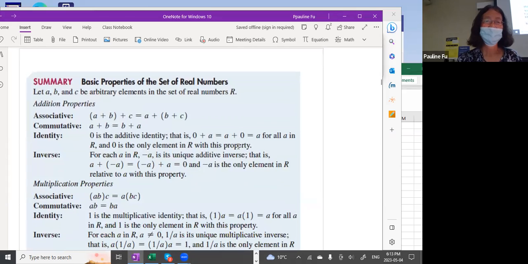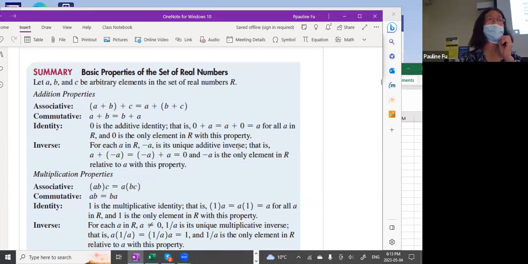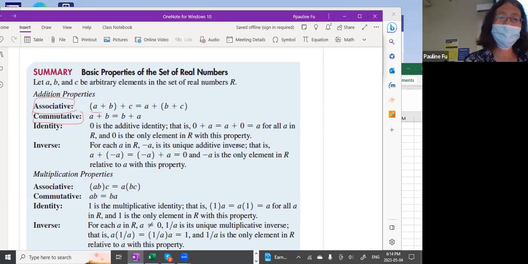Okay. And also this terminology will be used on your tutorial. My lab work asks you what is the rule used: is it the associative rule or the commutative rule? Remember we did some questions last class. The associative rule for addition refers to A plus B plus C equal to A plus bracket B plus C. Commutative rule: if you have A plus B equal to B plus A, that is the commutative rule.